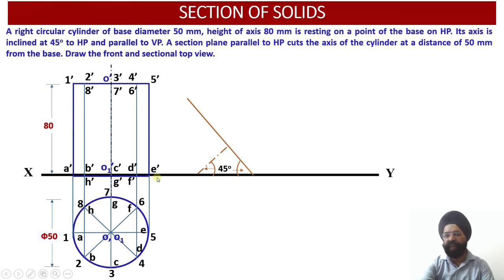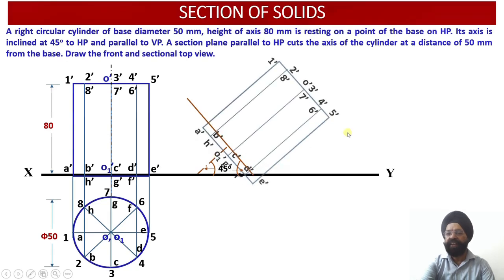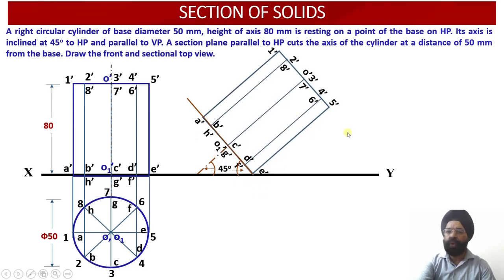So this figure will be shifted into the new location in the rectilinear transfer method. Using rectilinear coordinates, we have been able to transfer this figure from this position to this position. Again I repeat, this is point 1, point 2, point 3, point 4 and point 5.